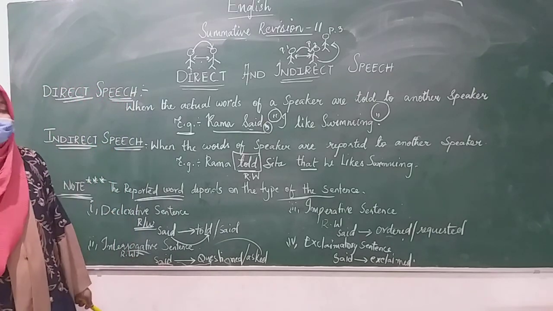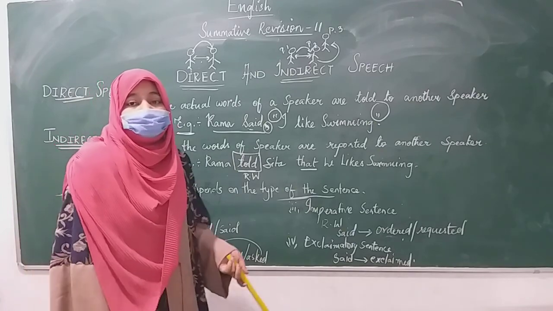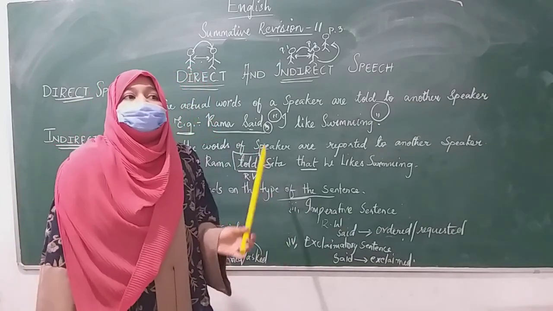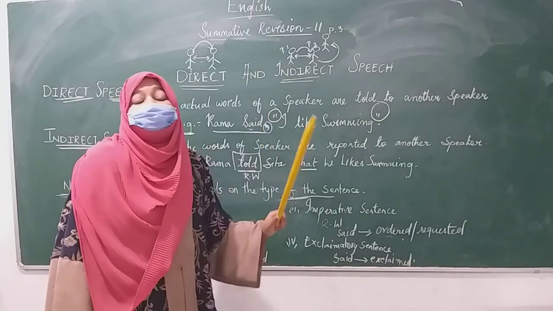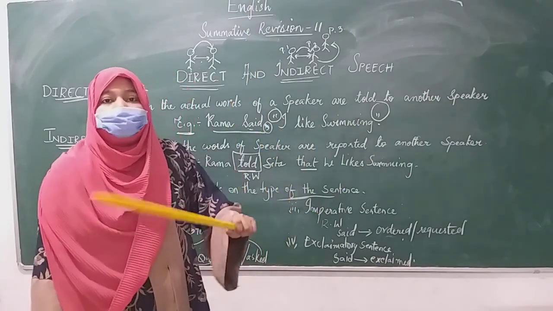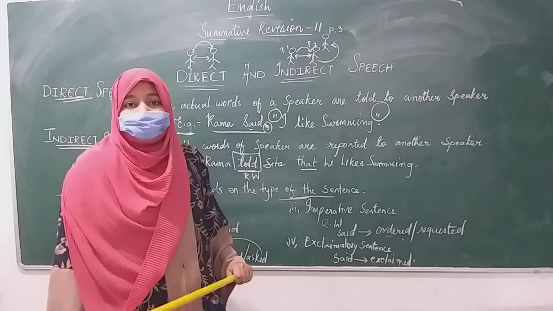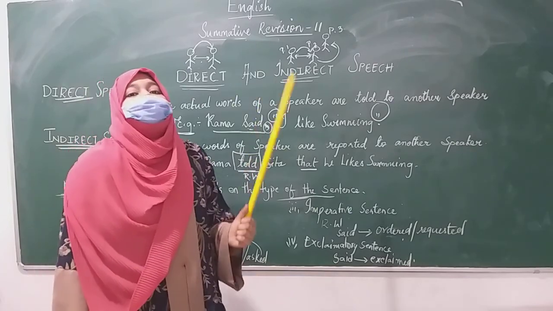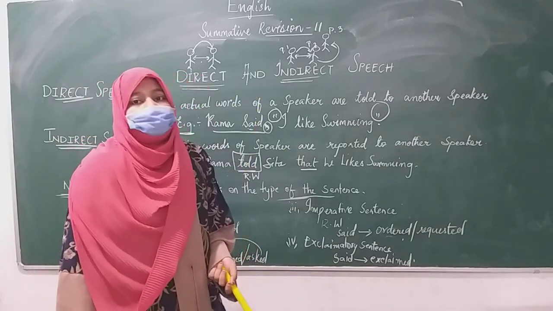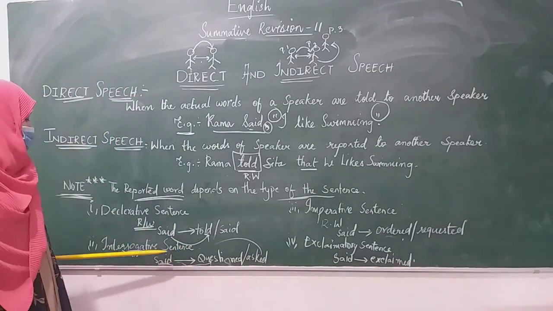The example sentence can be, the teacher said, "How are you?" The indirect speech sentence can be, the teacher asked about my health or about how I was doing. So this can be your interrogative sentence.